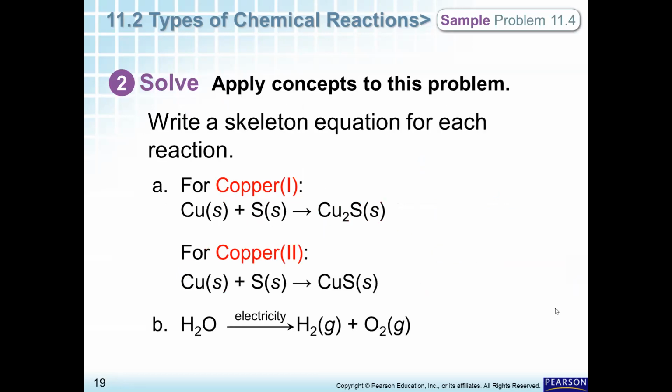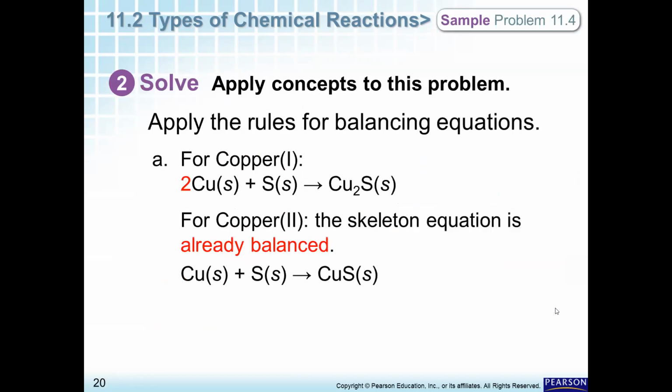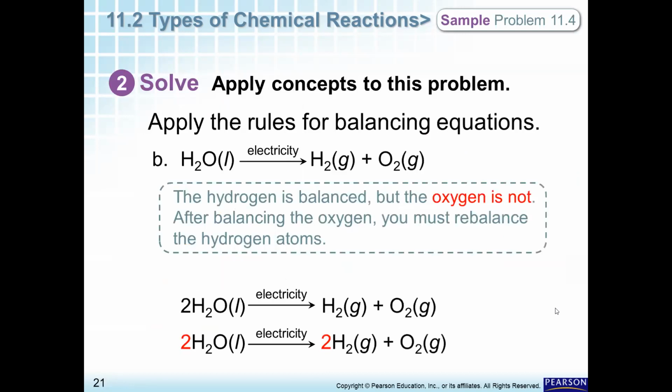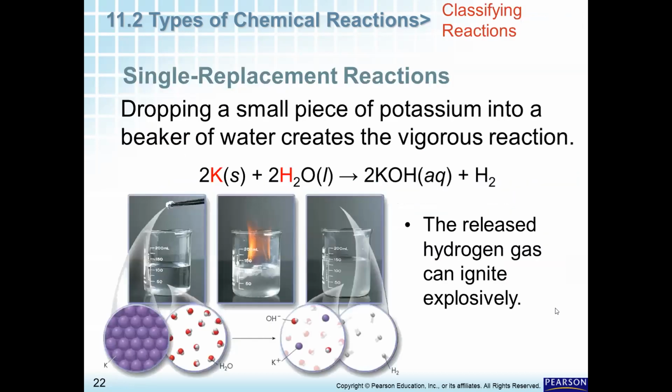Okay, this is what we did. This is the first reaction and this is the second, and that is after balancing. We're done. Okay. The third type of reaction is called single replacement. From the name, single replacement means something which is single has to replace another thing.